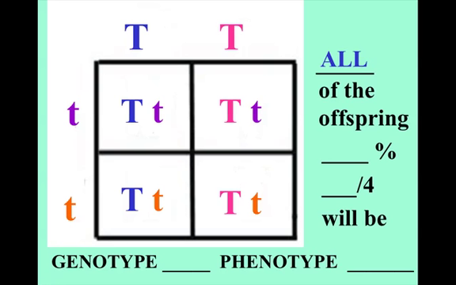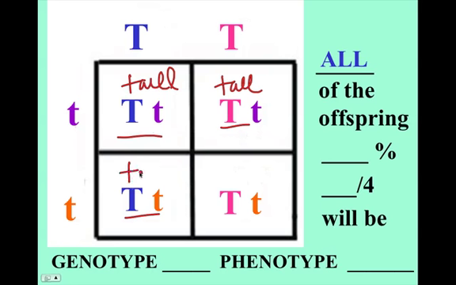If we read the Punnett square, all of the offspring, this one is tall. This one is tall. This one is tall. This one is tall.